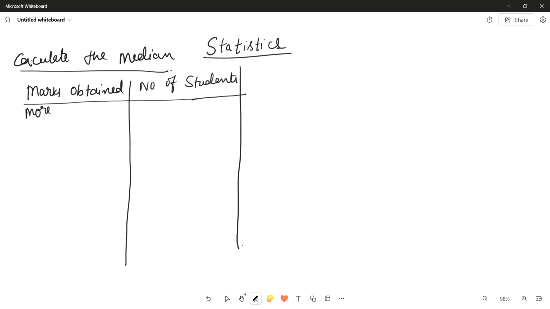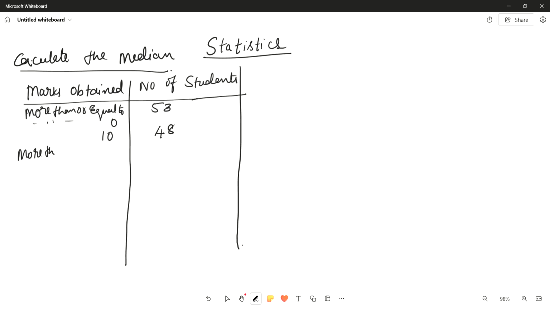More than or equal to 0, it is 53. Same way, more than or equal to 10, it is given as 48.